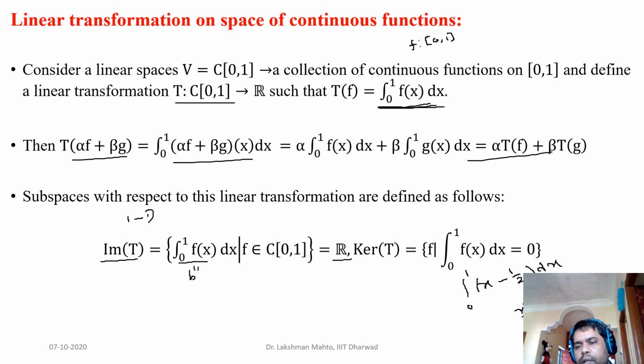If you put 1, you get 1 by 2 minus 1 by 2, which is 0, and if you put the lower limit 0, that gives 0. So simply, the integral of the function x minus 1 by 2 over the interval 0 1 is 0. So this function belongs to the kernel. So there are many functions here.